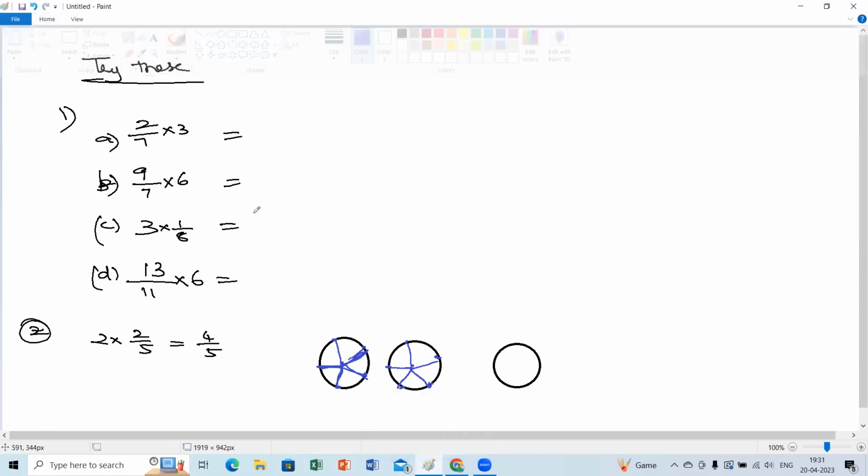If you add 2 times the 2 out of 5, you will get... I just marked it with some other color. So this is 2/5 plus 2/5. If I want to mark this as 2/5 into 2, how many portions should I shade in the result, children?